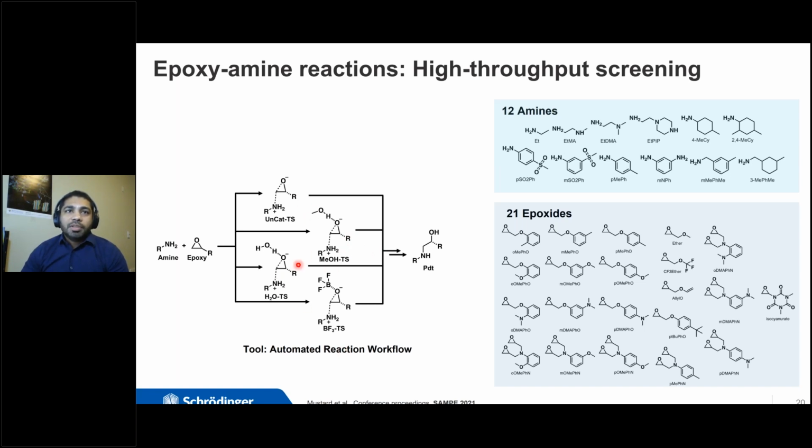So we looked at various possibilities of reactions. And using the automated reaction workflow tool in Materials Science Suite, we were able to get the reaction pathways for all of these possible combinations, that is, going from amine and epoxy to the secondary amine and the hydroxyl group.